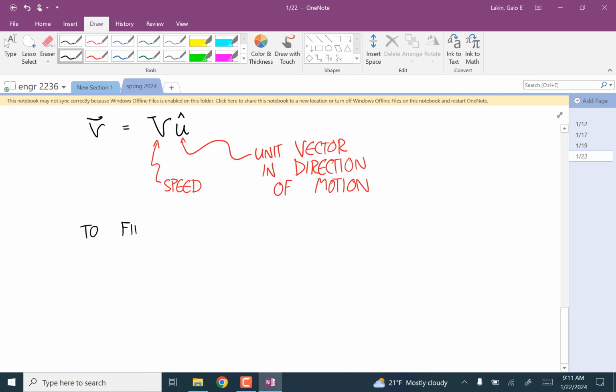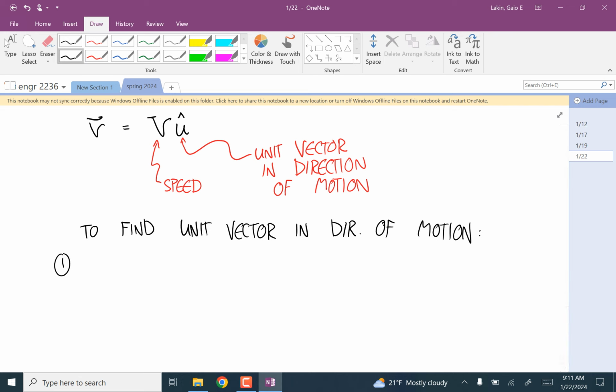So to find a unit vector in the direction of motion, first notice that function notation you can also write in a vector notation, what's called a parameterization.